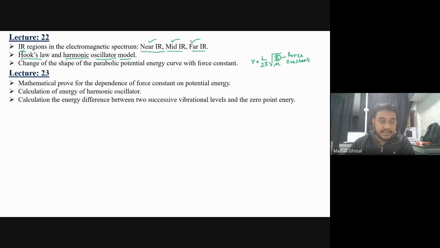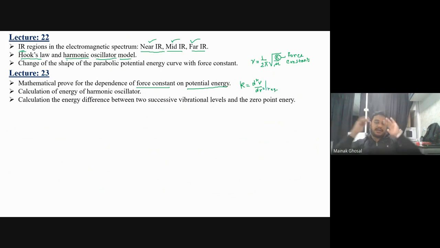Next, in the following lecture, there was a mathematical proof for the dependence of the force constant on the potential energy, and it was shown that the force constant k is related to the potential energy as the second derivative of the potential energy at R equilibrium.